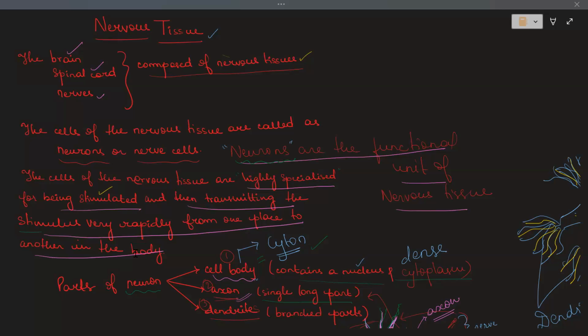Skeletal tissues are responsible for the flexibility of the body parts. No, flexibility is provided by the cartilage, the tendons and all, right? So out of all of them, only option A is correct, isn't it? Yes. Okay, ma'am. Thank you.